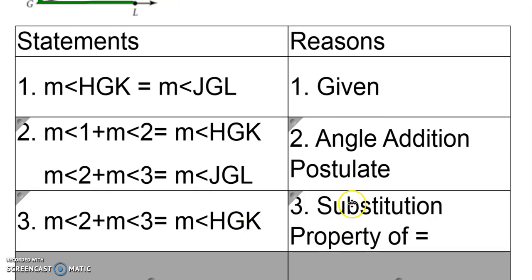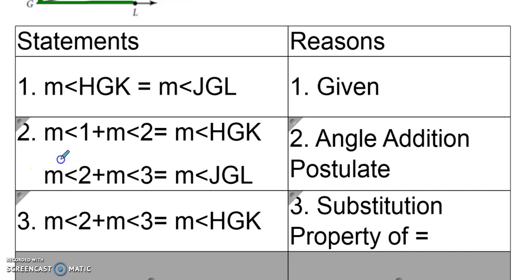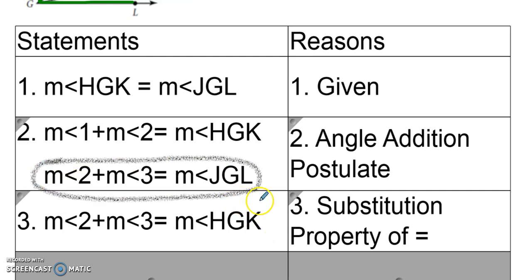And this is substitution. So I've taken this equation right here and I've substituted to get here. So I've used substitution, replaced JGL to get that substitution here. Okay, so we'll keep going.